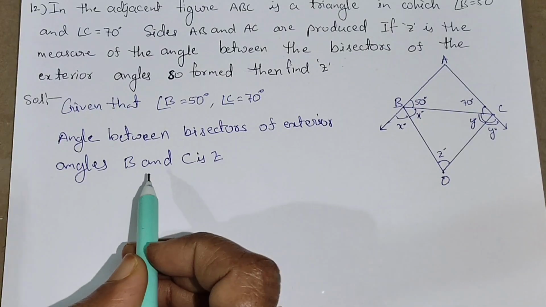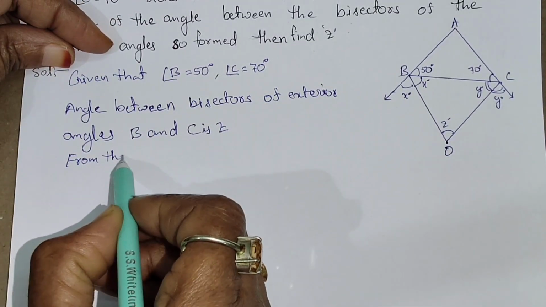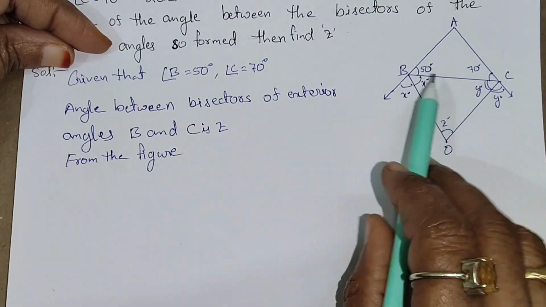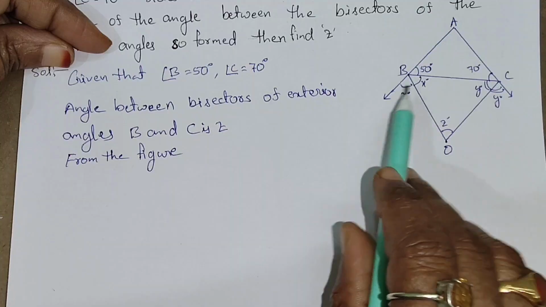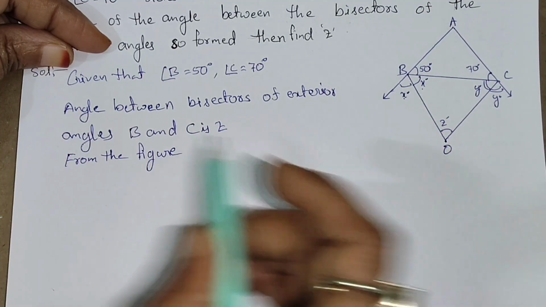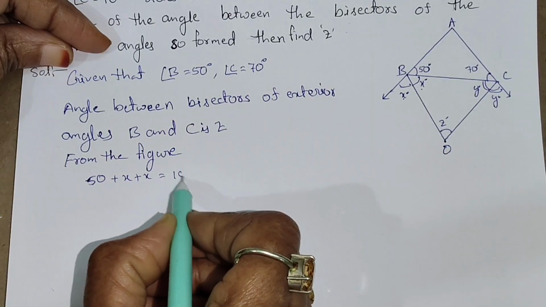So now from the figure, this is a straight line. Straight line means 50 plus x equals 180.